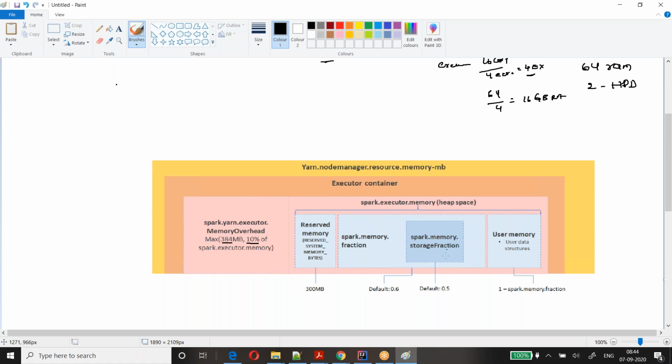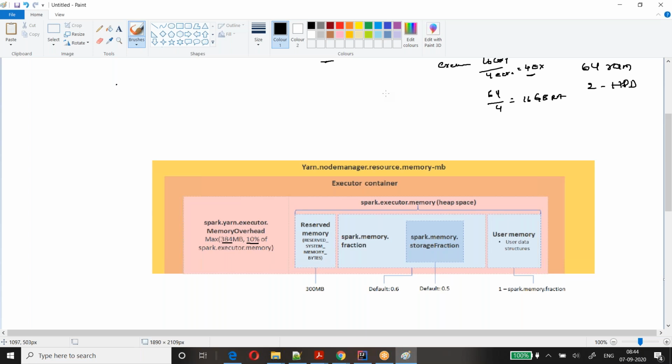This storage fraction is 0.5, which means 50%. If I have allocated my executor memory as 10 GB, 5 GB will be considered for your execution and 5 GB will be considered for your storage. So what is the user memory storing?